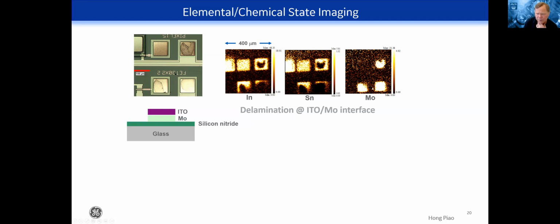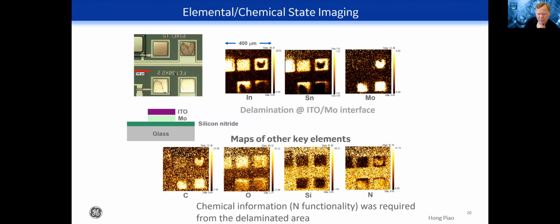Again, we could verify delamination occurred at that interface. But what we also get is the distribution of carbon, oxygen, silicon, and nitrogen. So here we're saying, yes, there's nitrogen present in the pad as well as the film, as expected.